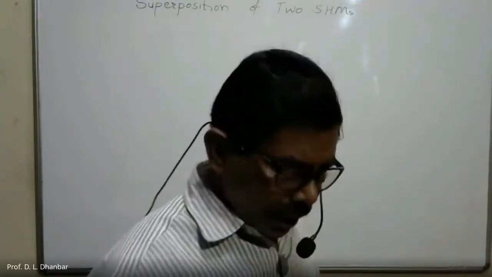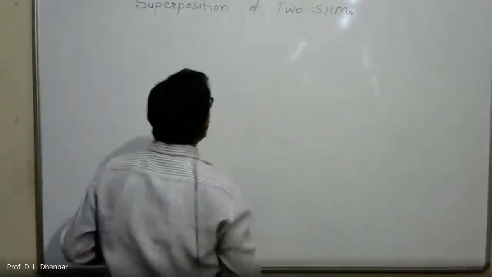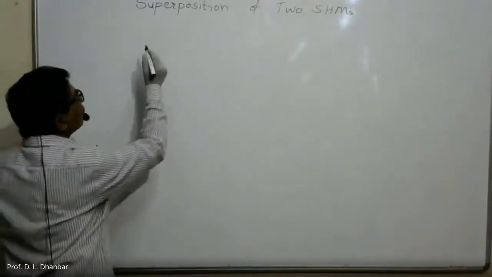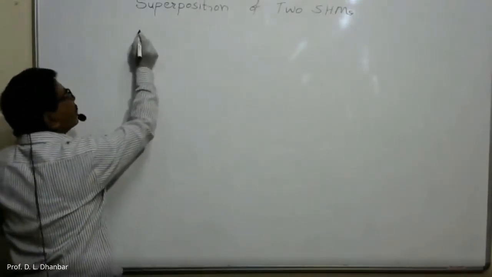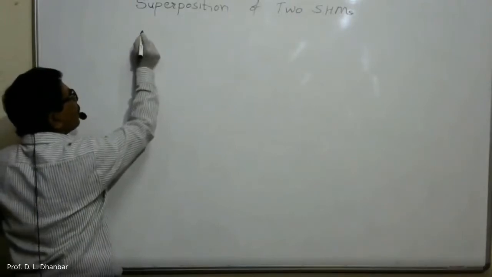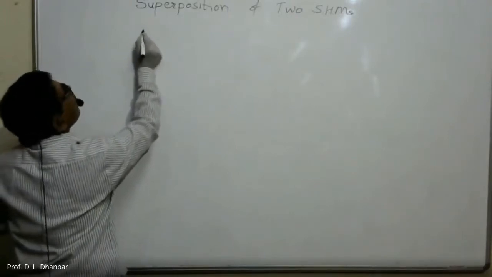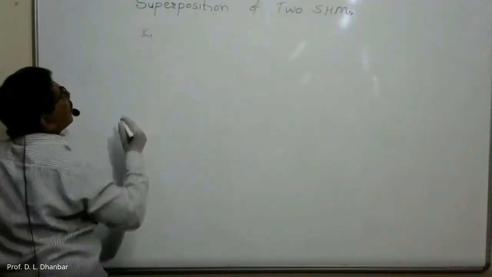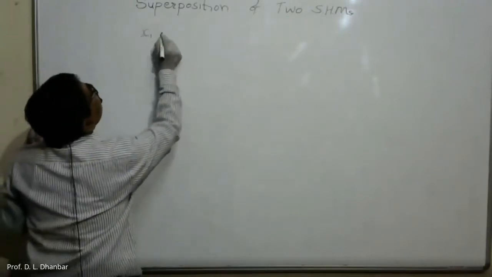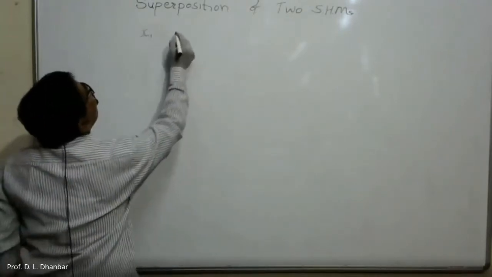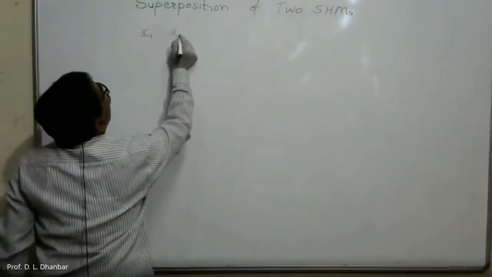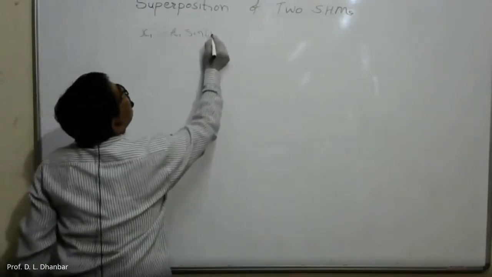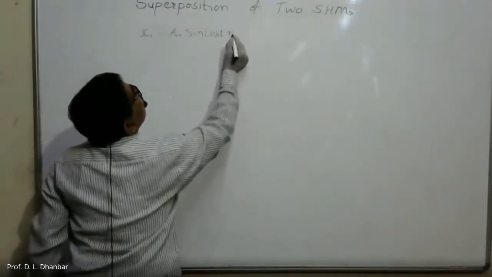So here in detail we can obtain the various equations as far as this superposition of two simple harmonic motions is concerned. So let us consider the first simple harmonic motion having displacement x1, which is given by a1 sine of omega t plus phi 1.